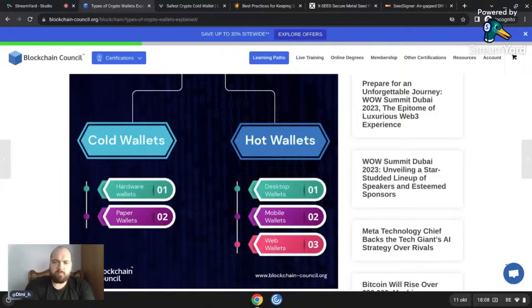I was thinking of another wallet as an example for web wallet, but it's not going to be the correct one. Perhaps a more clear example of a desktop wallet, because I mentioned MetaMask, though that's more of a web wallet example. A clear example of a desktop wallet is, and now I can't remember the name. Sorry, guys.